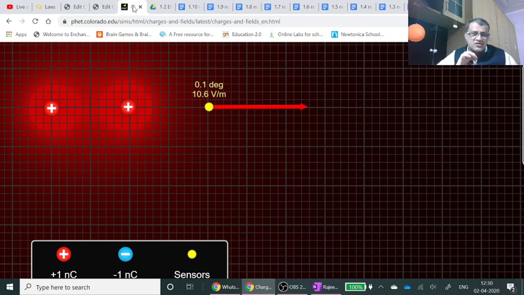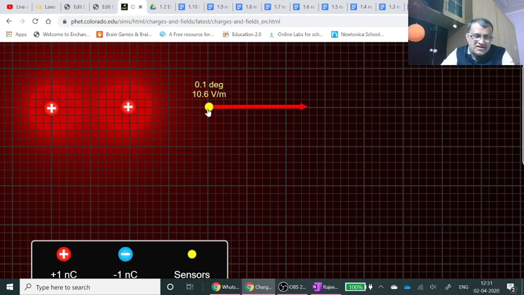So we have done questions like the one on your screen, where there is a plus Q of 1 nanocoulomb, and there is another plus Q kept along the x-axis. Each grid here is 0.1 meter, so this is 0.5, this is 1 meter, and 1 meter away from it we are finding out how much is the electric field.